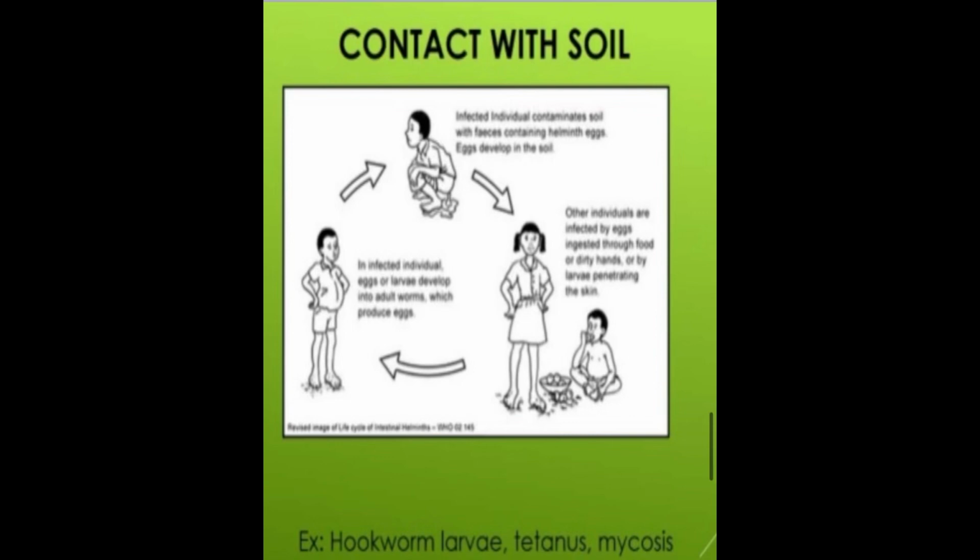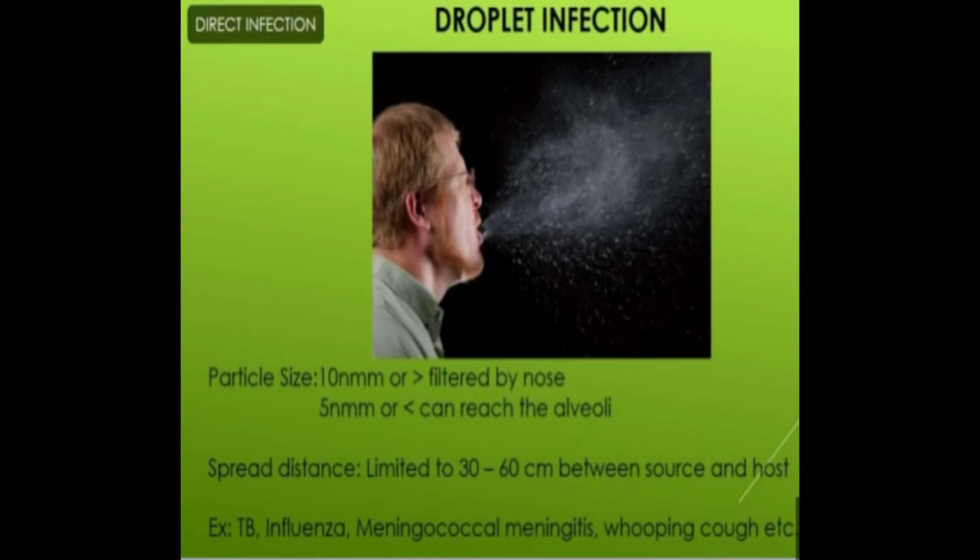That is why it is mandatory and always told to wash the things that come to you, whether it's a vegetable or a fruit or anything else. We should always wash them with water. Next comes droplet infection. If anyone is sneezing, coughing, or talking to you, droplets of 10 nm and 5 nm may come to you, and their spread distance can be 30 to 60 centimeters.